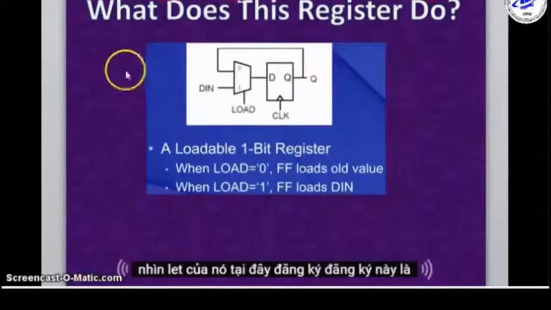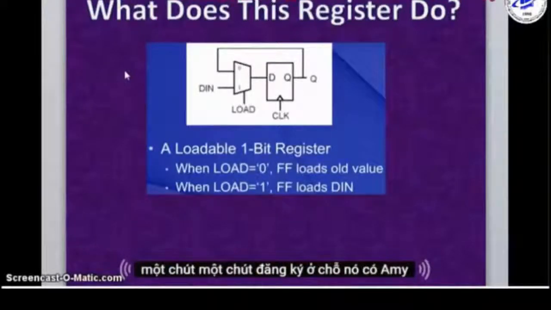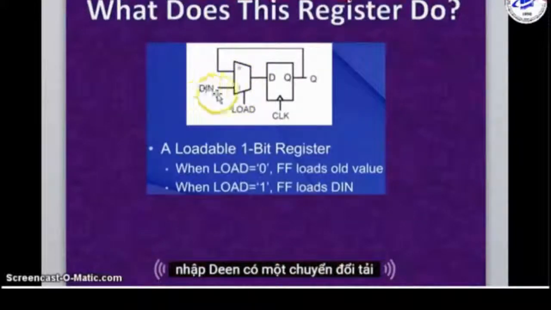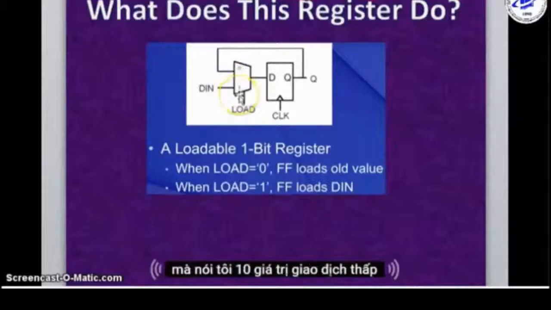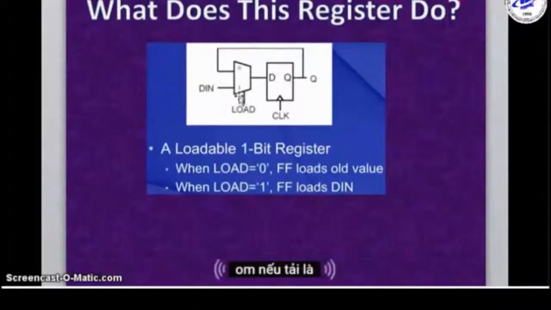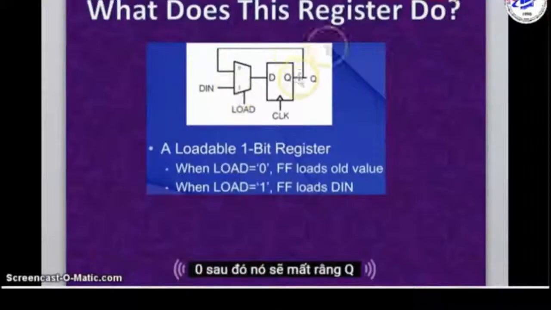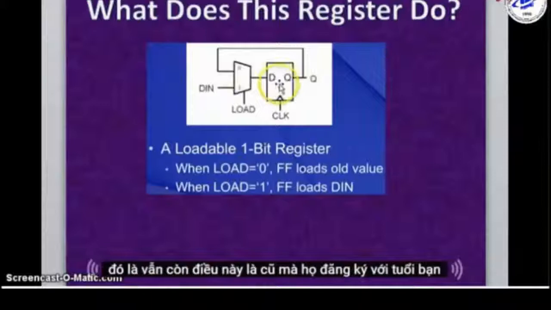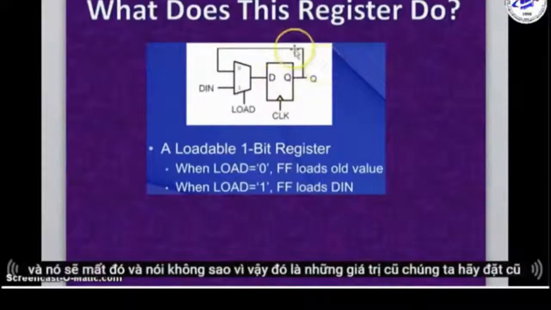Now let's look at this register. This register is a loadable 1-bit register in that it has an input, the D N. It has a load switch that says, do I want to load the old value, or do I want to load in the new value? If load is 0, then it's going to take that Q, which is the old value, the register with the old value, and it will say, okay, that is the old value.